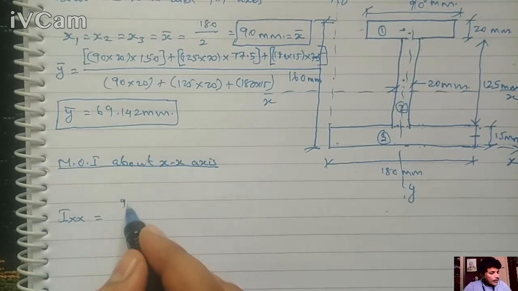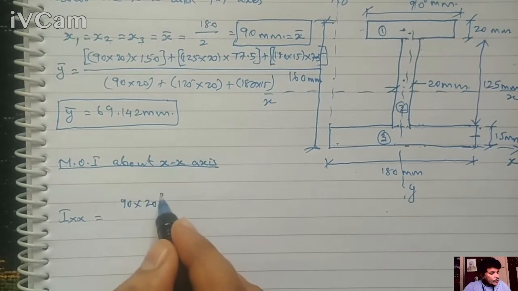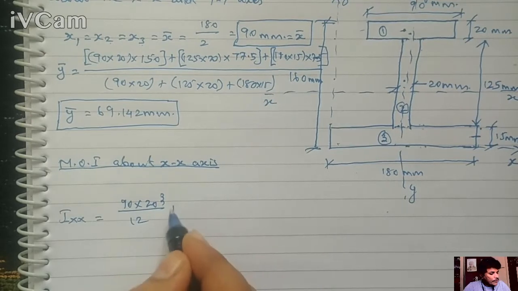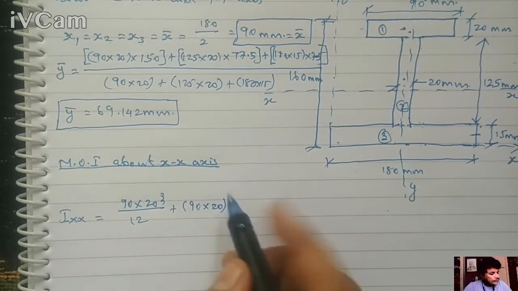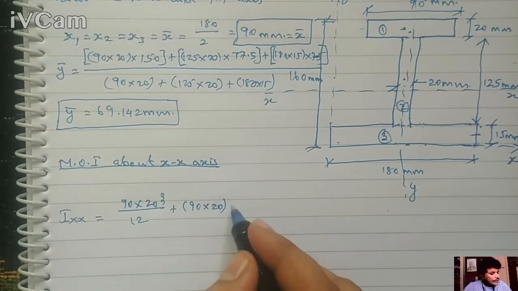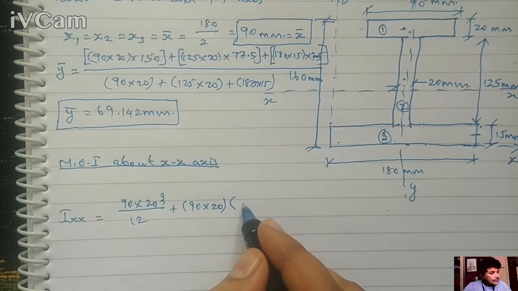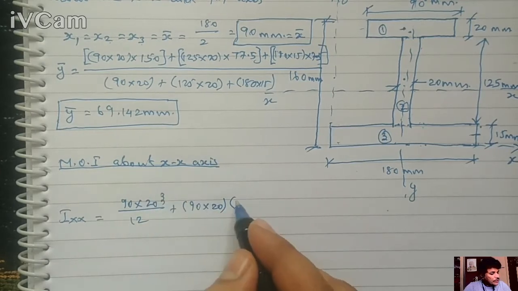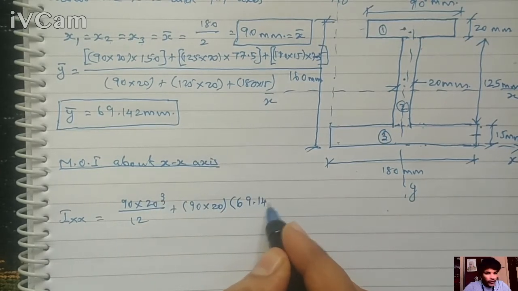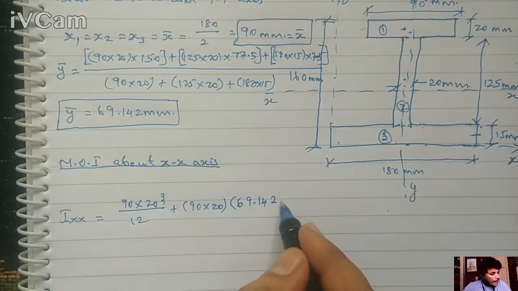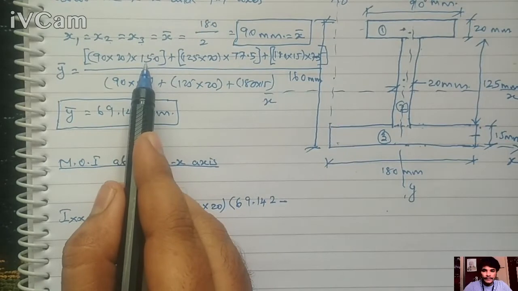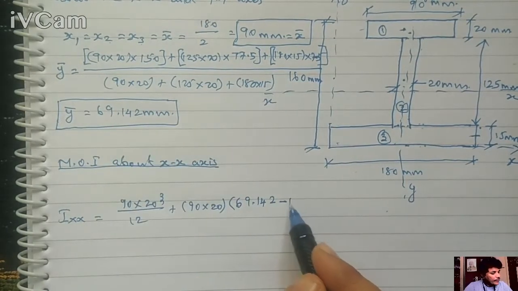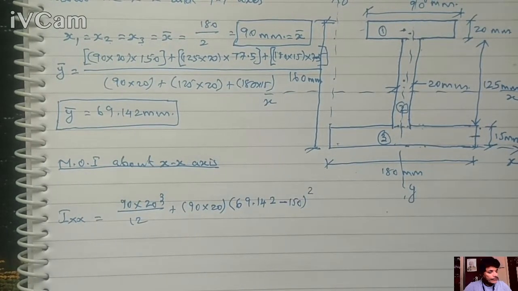Let me write. B1 90 by 20 cube divided by 12 plus 90 into 20 into H1 bar square, that is Y bar minus Y1. You know the Y bar 69.142 minus Y1, and this is Y1, 150. 150 is whole square.